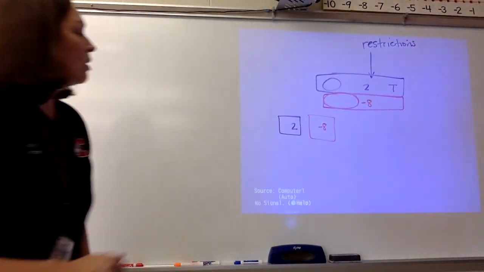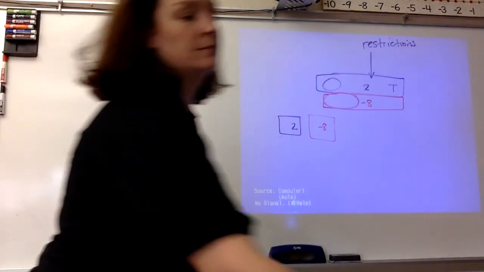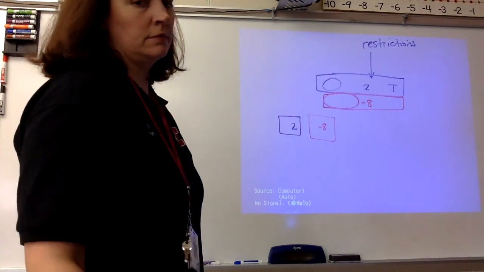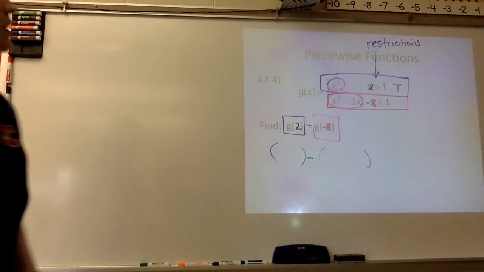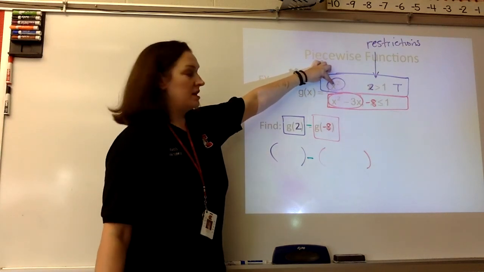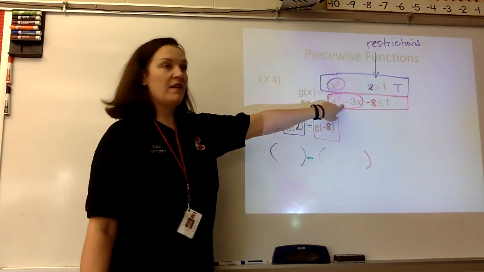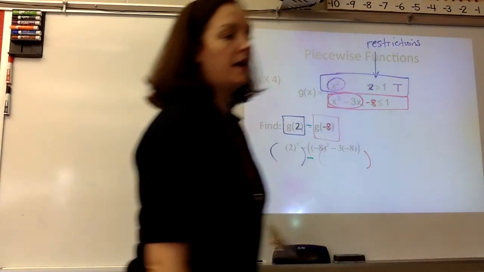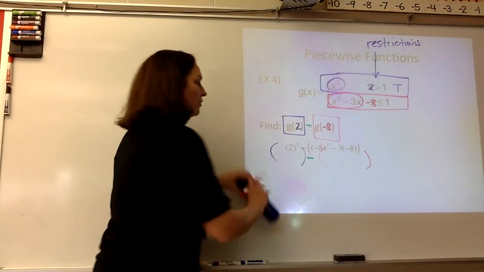Okay? So, when I go to do the problem, all right, so go to the g function, plug in 2. That means I'm going to plug it into here. Go to the g function, plug in negative 8, plug it into here. This is what it looks like in pure form.